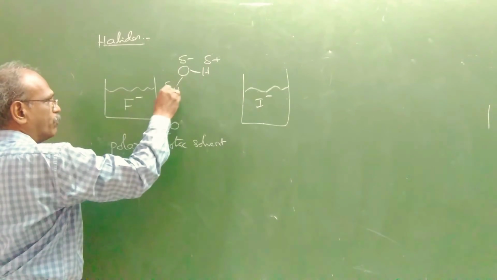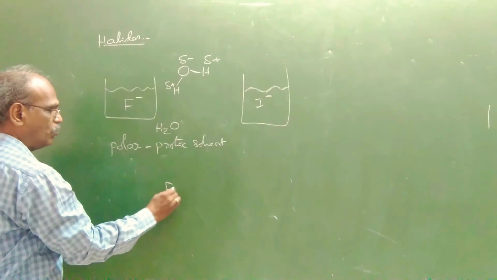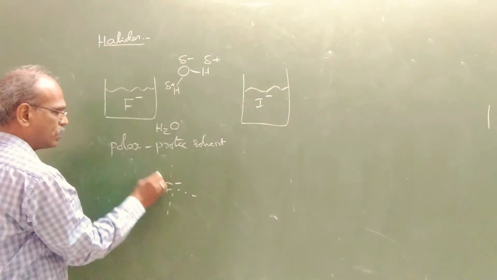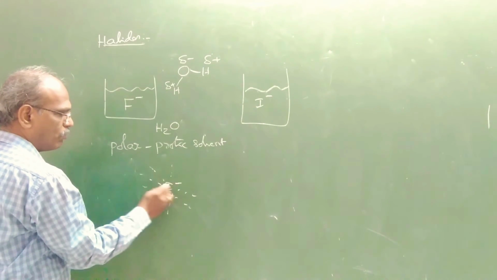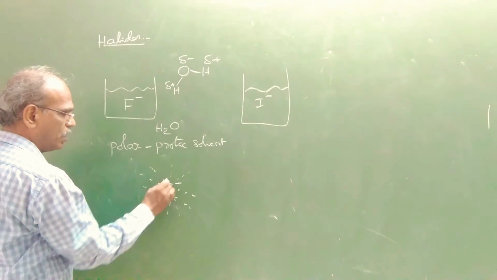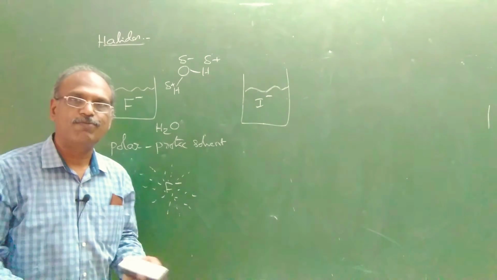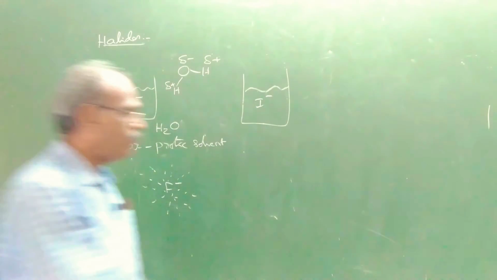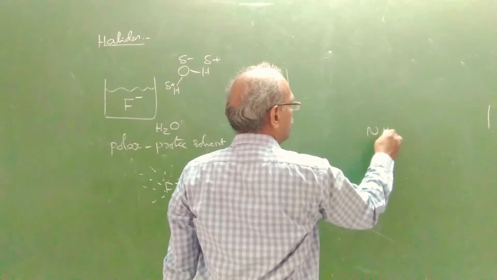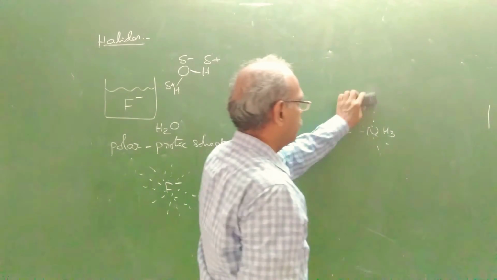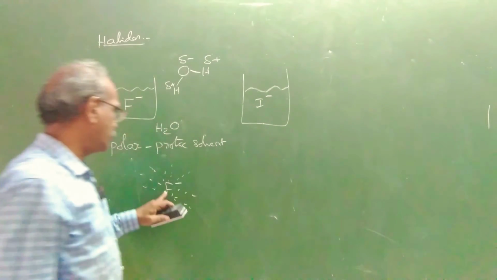Because of that, they are able to form hydrogen bonds with the negatively charged species, or with the nucleophile, even if it has a lone pair. For example, ammonia: even with nitrogen, it can form hydrogen bonds.